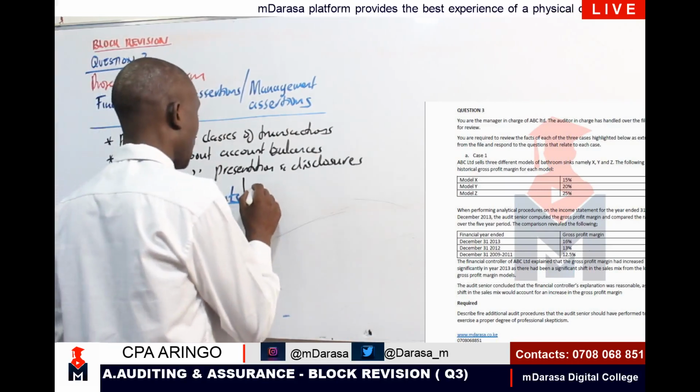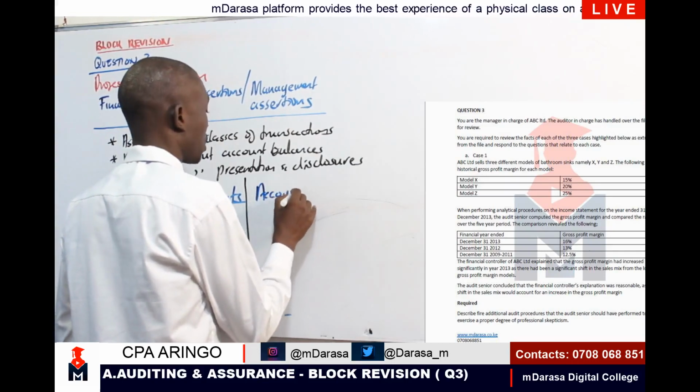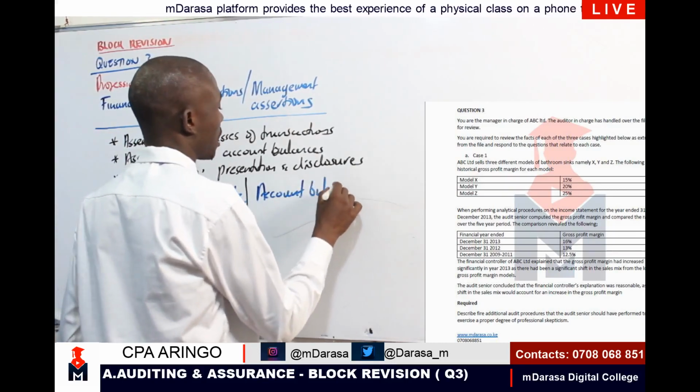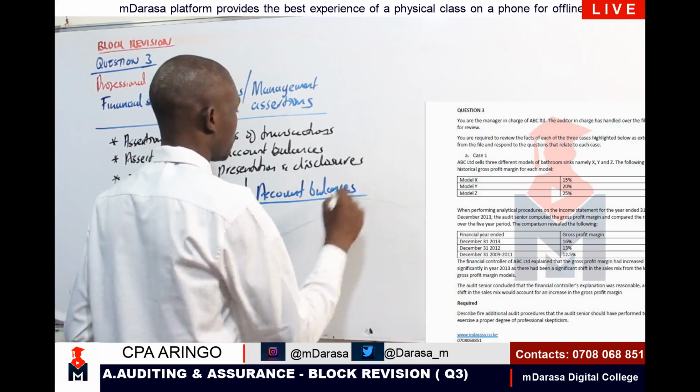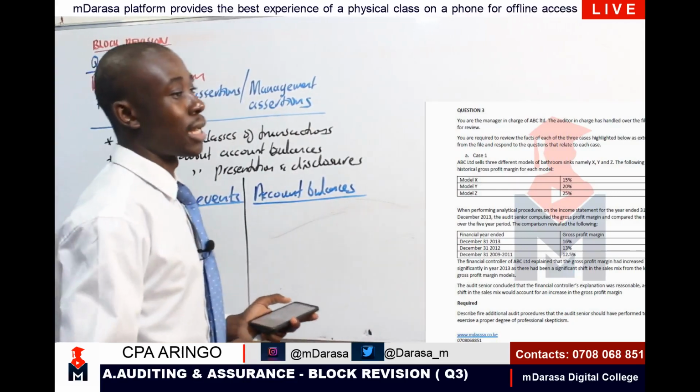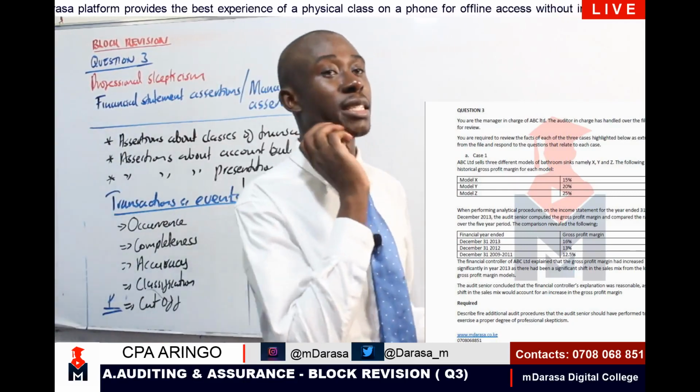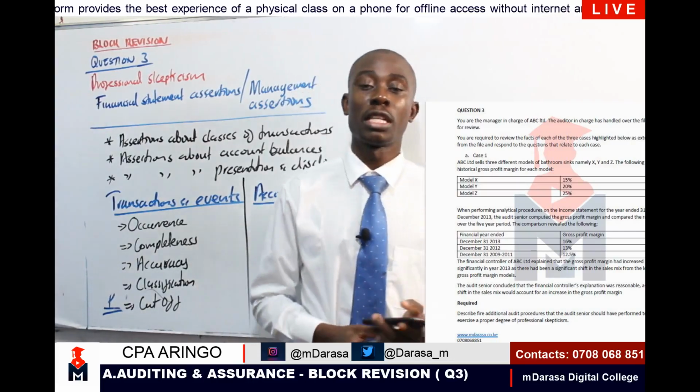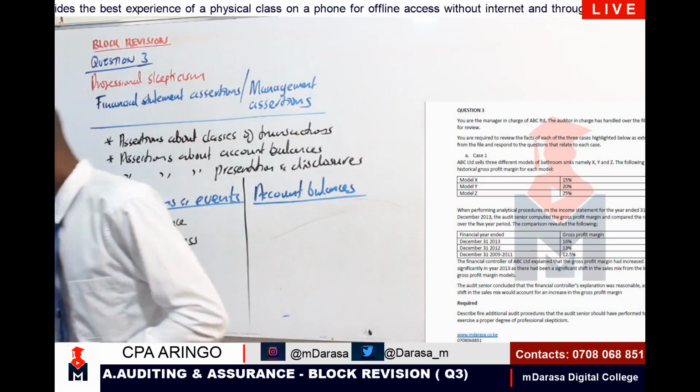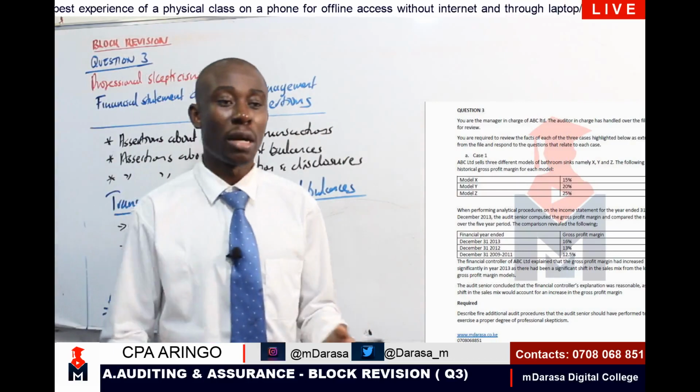What about account balances? You'll find that some of these assertions are common. Whenever we're talking about account balances, these will include balances such as debtors, trade payables, and balances of our assets.